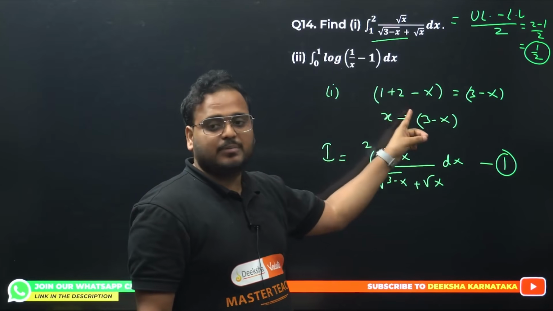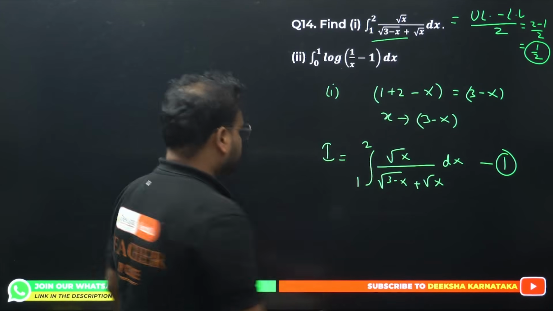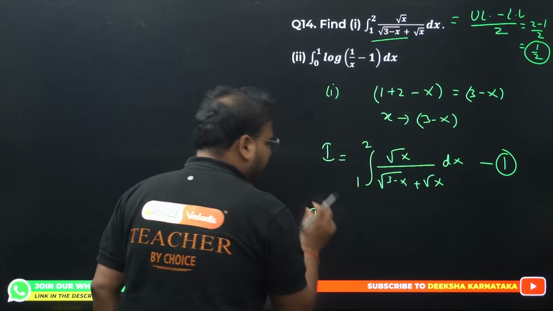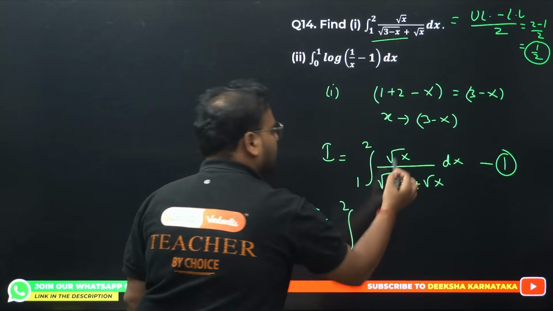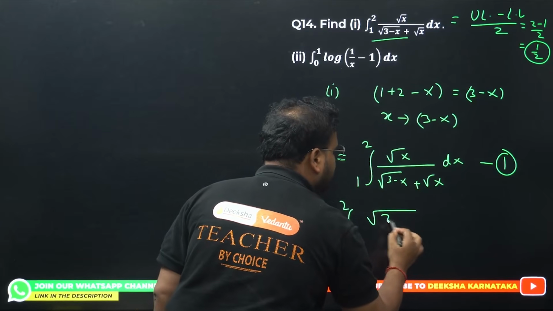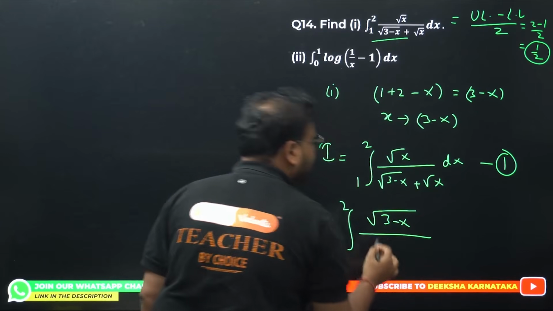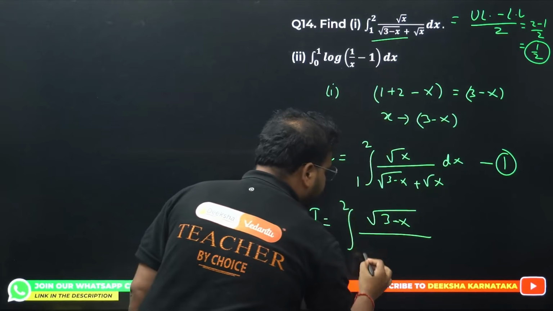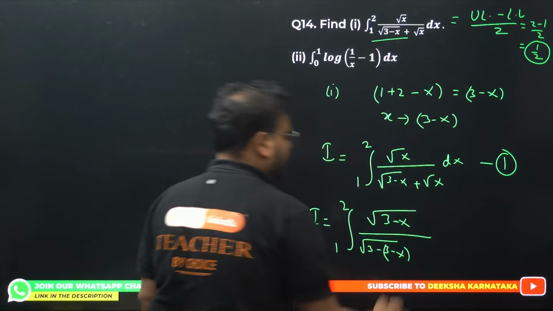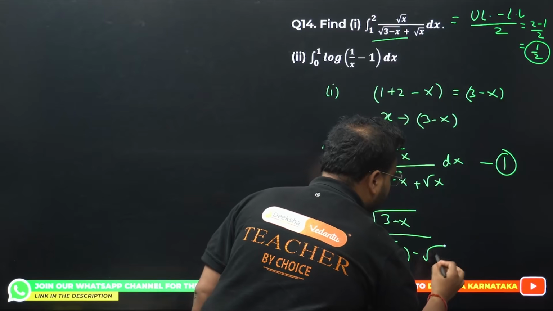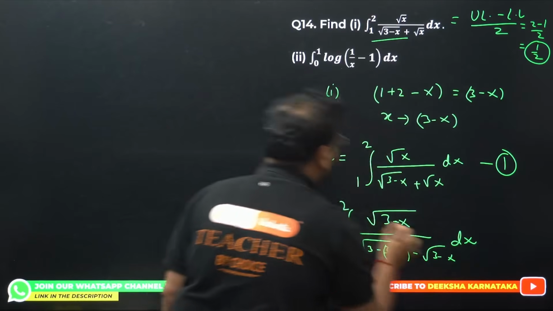The sum of the limits, 1 plus 2. Under the same limits, will the integration change? No, the integration and the limits, 1 to 2, remain the same. x will become 3 minus x. Check carefully, this part will become 3 minus x.